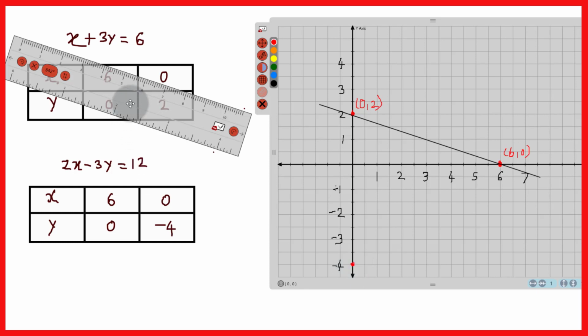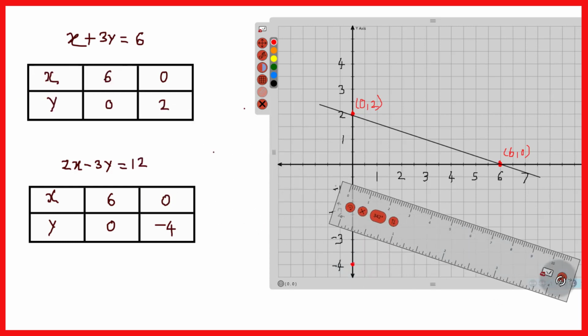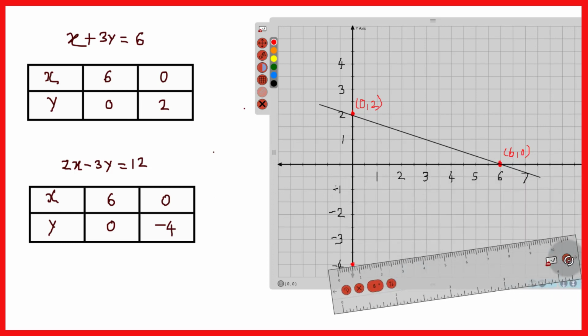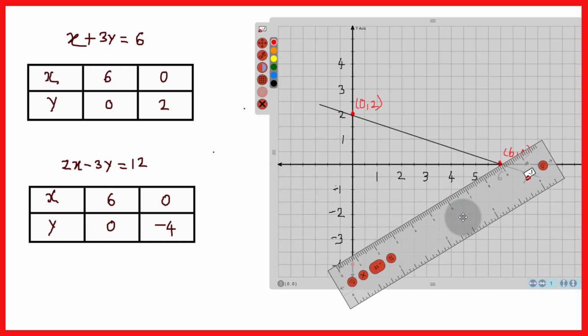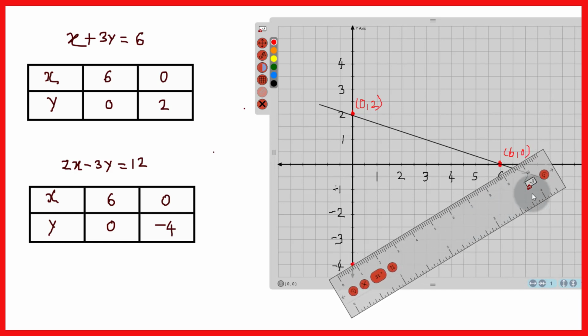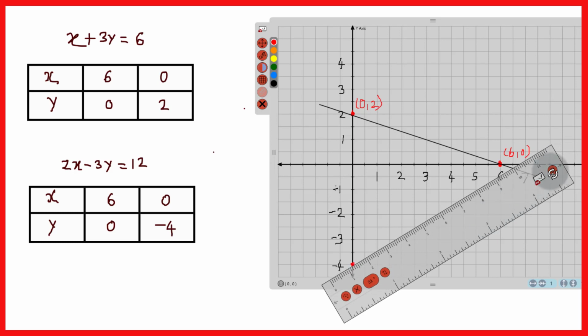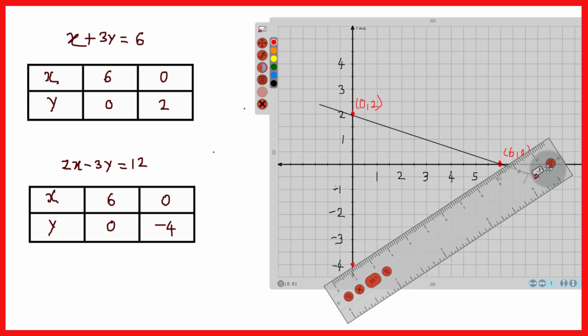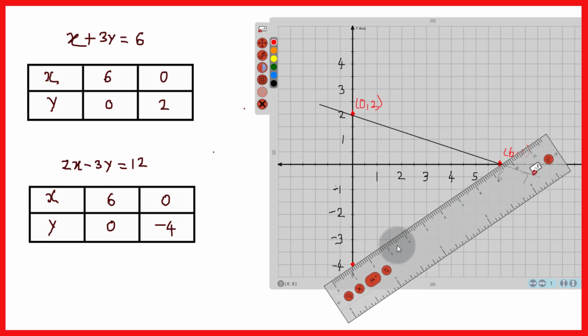Now draw a line passing through these 2 points. Now here draw the line.